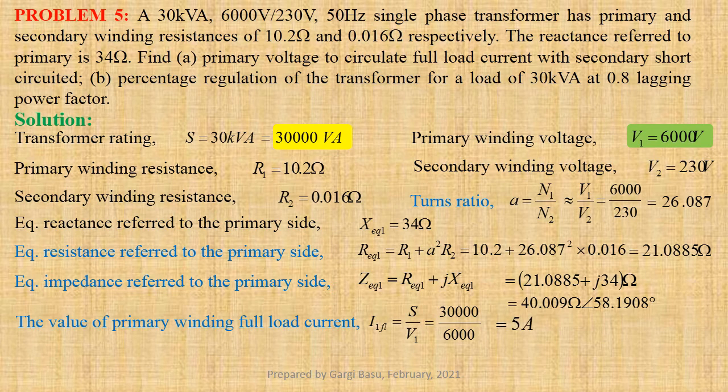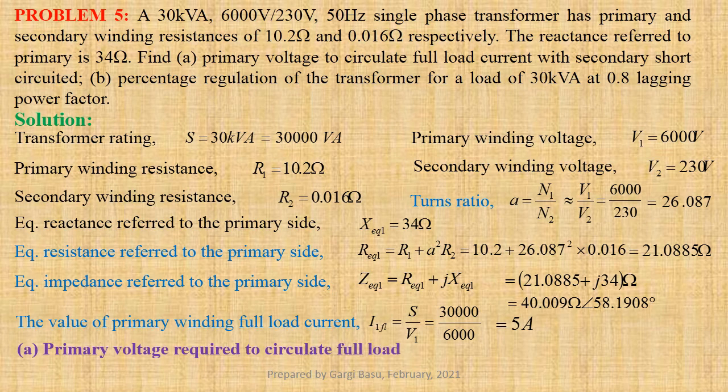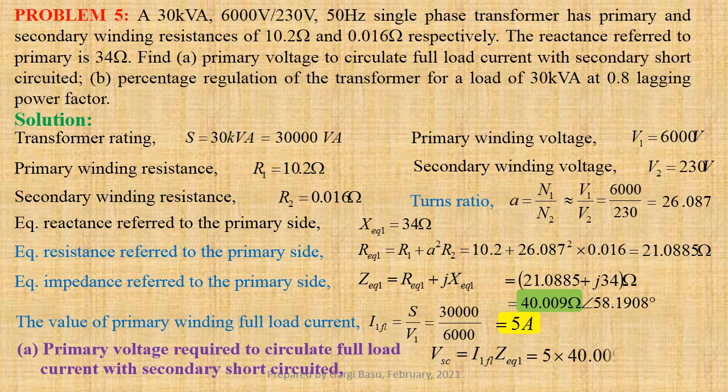Let us now determine primary voltage required to circulate full load current with secondary short circuited. VSC equals I1FL ZEQ1, that is equal to 5 into 40.009, that gives us 200.045 volts.